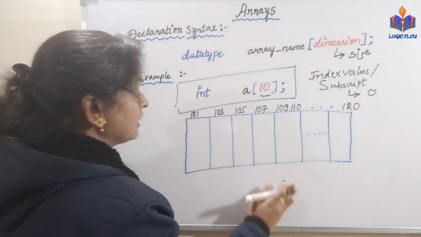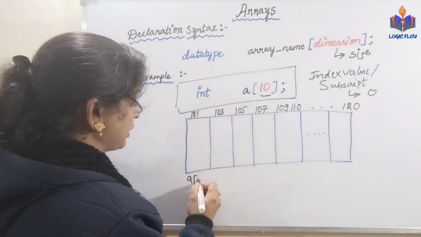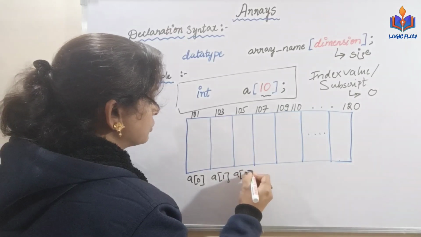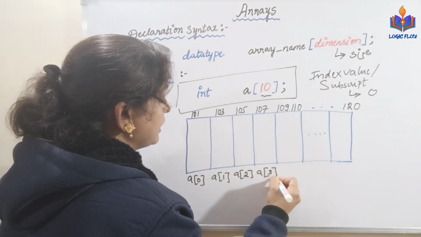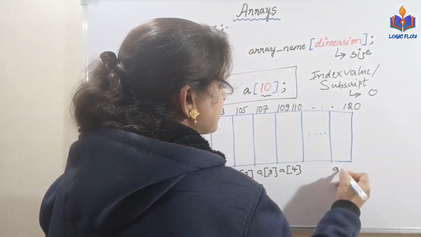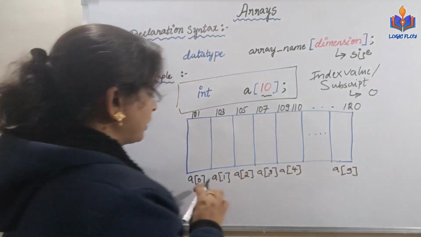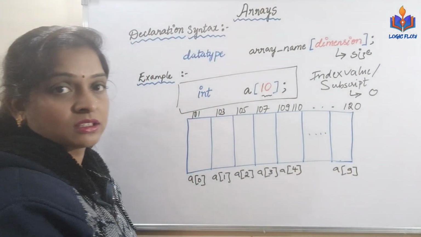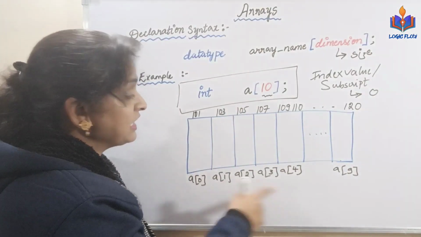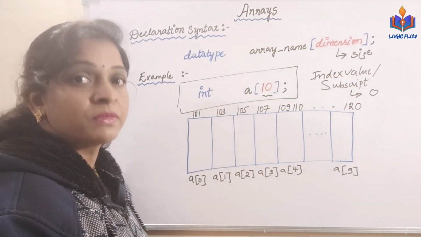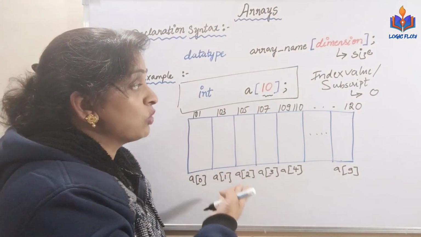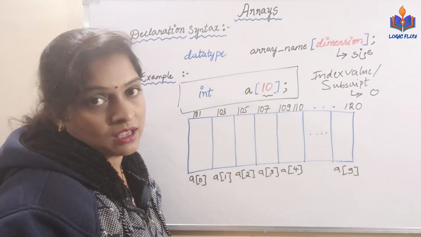So here I'll write A of 0, A of 1, A of 2, 3, 4, and it goes on up to 10 elements, meaning A of 9. Each and every element that I store here will be accessed with its unique index value, which always starts from 0. So this is how the array is declared and how the memory allocation is done for arrays.